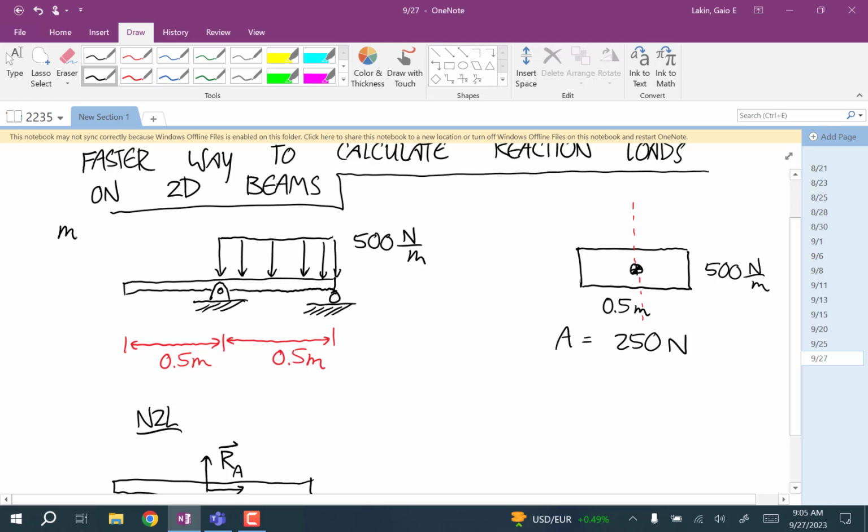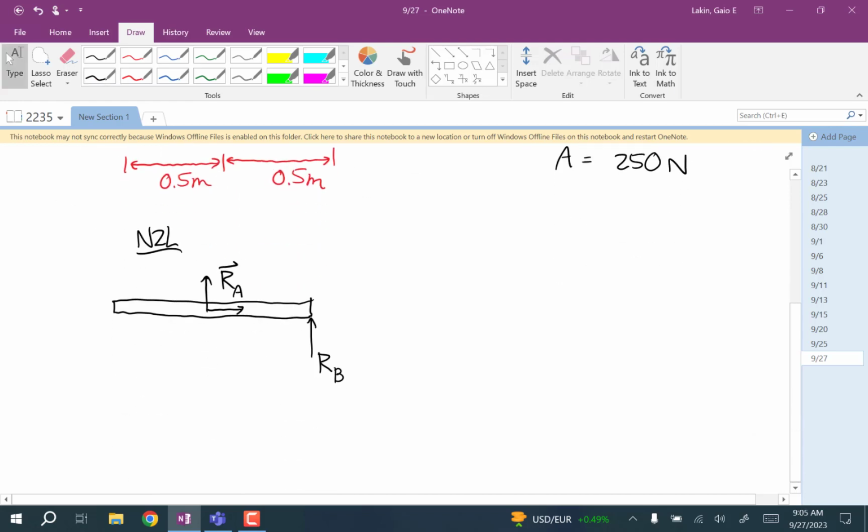So 1 meter long, let's say that's 20 kilograms. So then we have a force down of 20 times 9.81, 196.2. And then the last force acts at that three-quarter point, halfway between the center and the right end. And the force is 250 newtons.